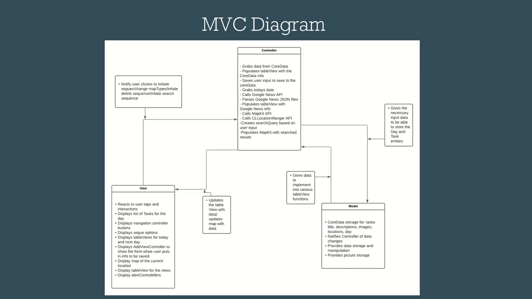For my MVC diagram, this view is pretty much just going to show the user what the data looks like. So the view is going to show the task in a table view. It's going to show the map in a MK map view.